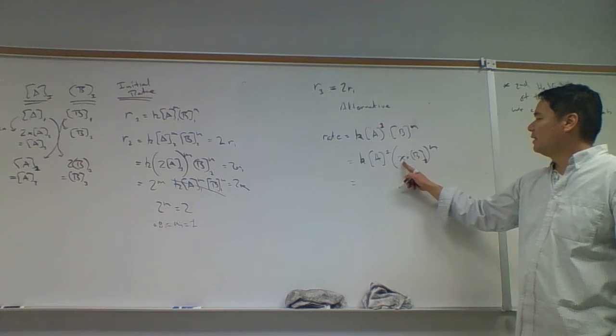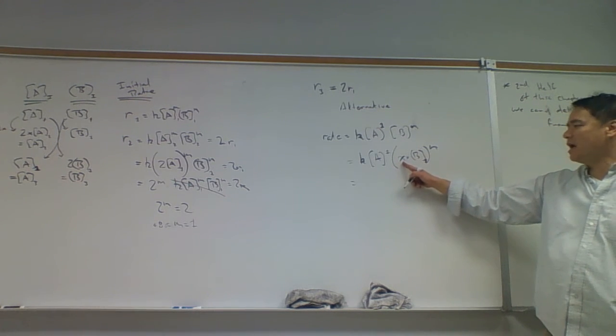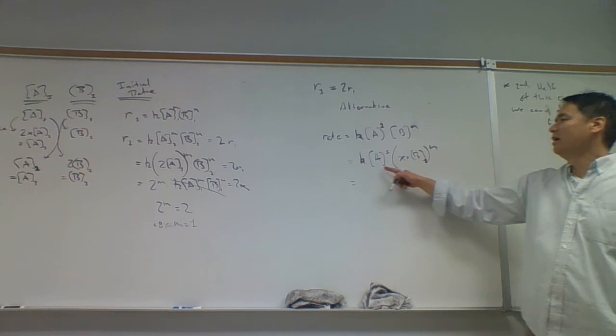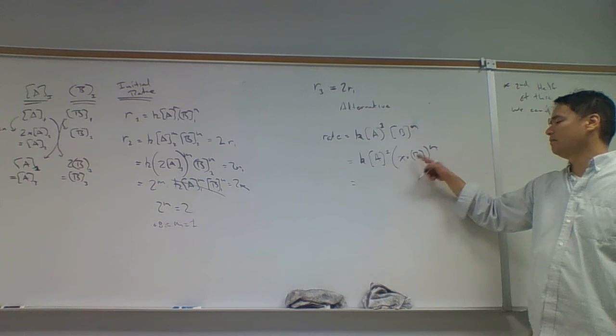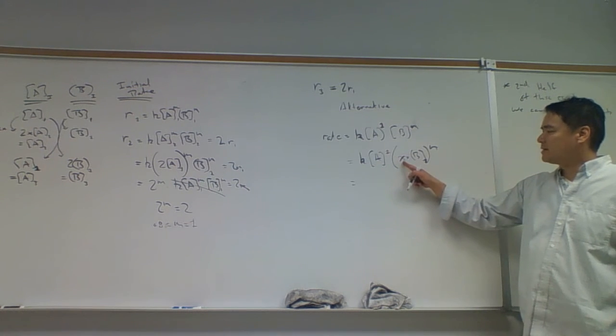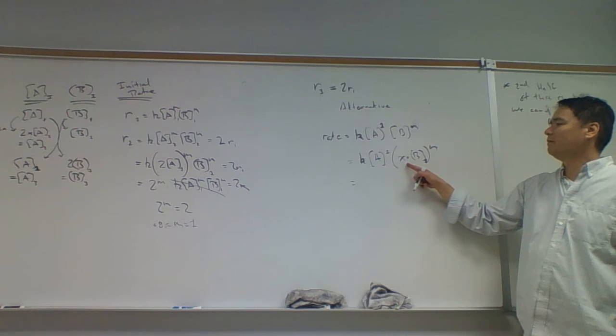So if I double x, that's x to the n, and nothing happens to the rate, then n must be 0. If I double x and the rate doubles, then n must be 1.